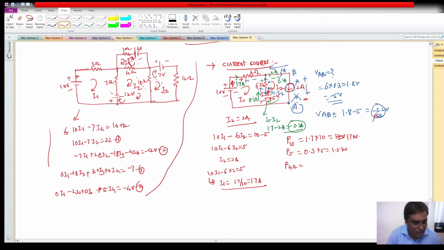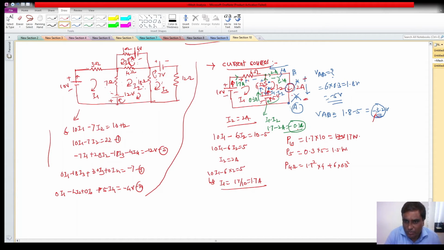The power absorbed by this will be, you can calculate using I square R also, 1.7 square into 4. Then the power absorbed by the 6 ohm will be 6 ohm into I square, which is 0.3 square. Again, is there any one more resistor? No. Again, this is over, now let us come here.